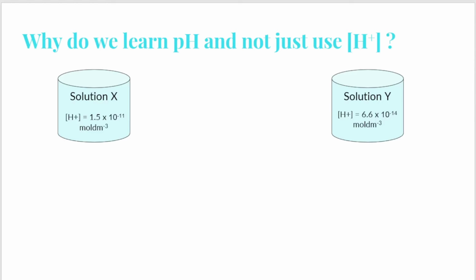Here we have two solutions, solution X and solution Y. Solution X has a hydrogen ion concentration of 1.5 times 10 to the power minus 11 moles per dm cube, and solution Y has a hydrogen ion concentration of 6.6 times 10 to the power minus 14.